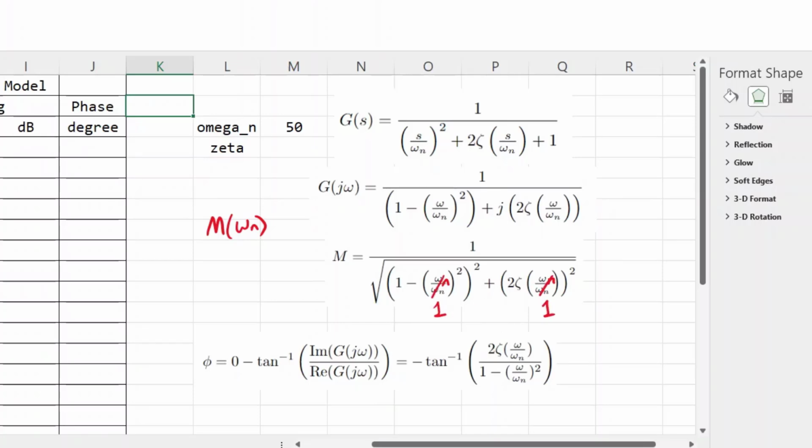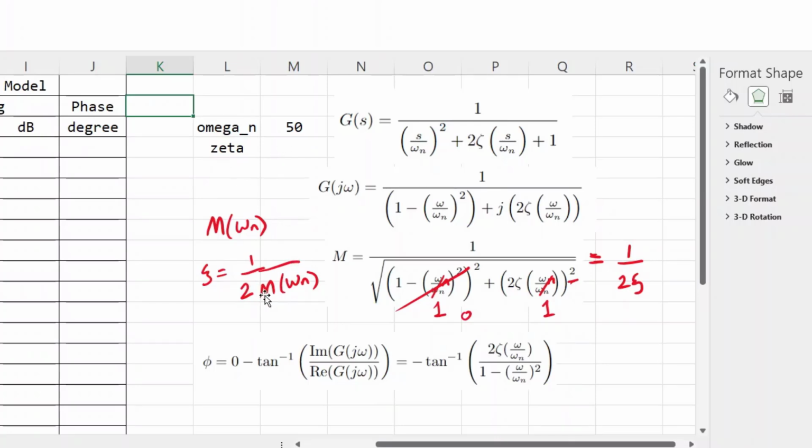Then 1 minus 1 entirely goes to 0, so the square root of the square also disappears. So you have 1 over 2 zeta. So you can easily estimate zeta as being equal to 1 divided by 2 times the magnitude at omega n. It's a very simple and straightforward equation.